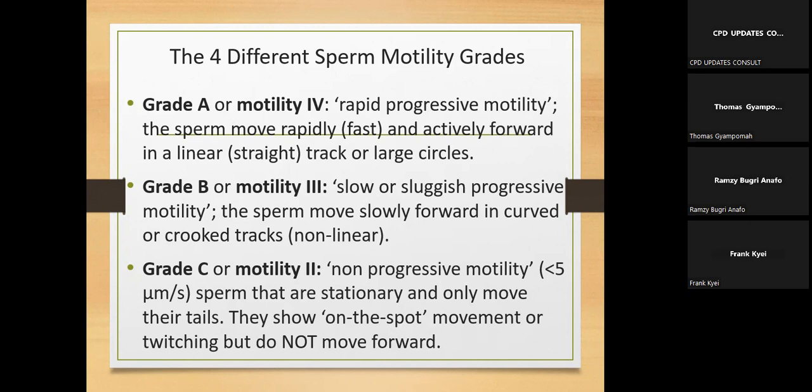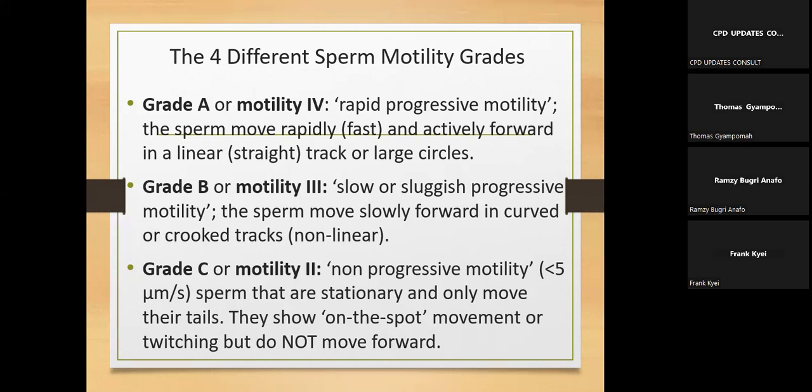There are some that are moving fast but cannot move straight, but will curve. That curve is not a sharp curve, so we call them large circles. That is also forward movement. So the large circles and the straightforward are all put together into grade A, for as long as they are moving fast and greater than 25 micrometers per second.